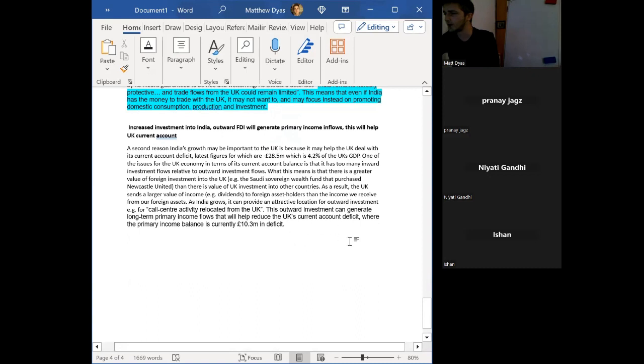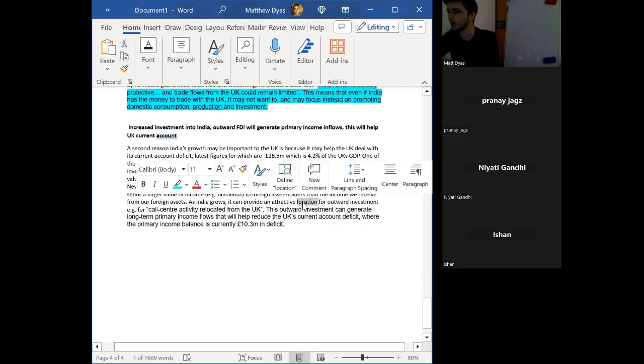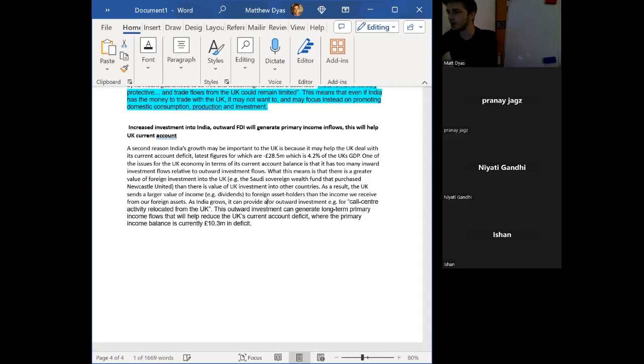So, okay, I think on balance, I might have gone a bit too much into how the current account structure works here and less into how Indian growth is relevant. So I've said as India grows, it can provide an attractive location for outward investment. I might change that. It can provide a more profitable location, that's a bit more specific, right?